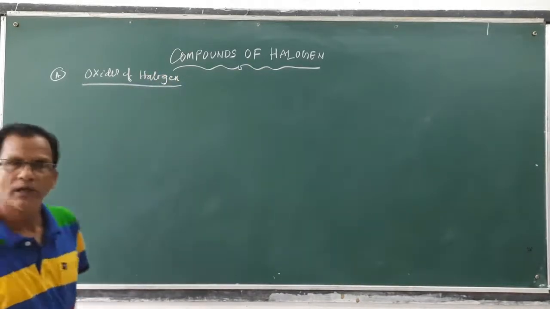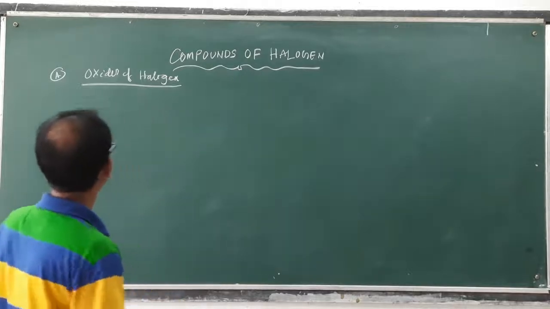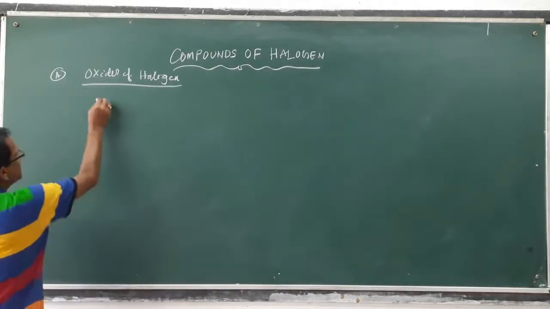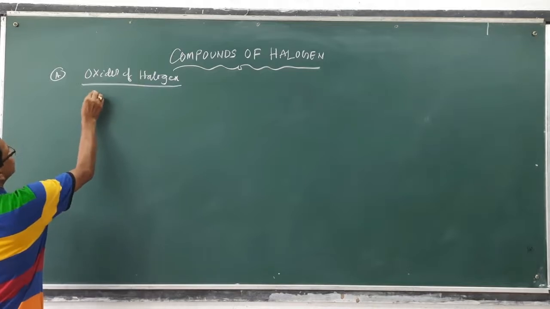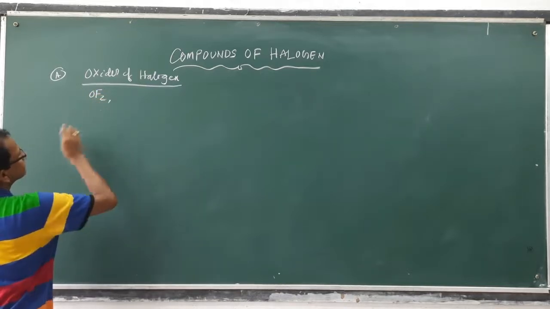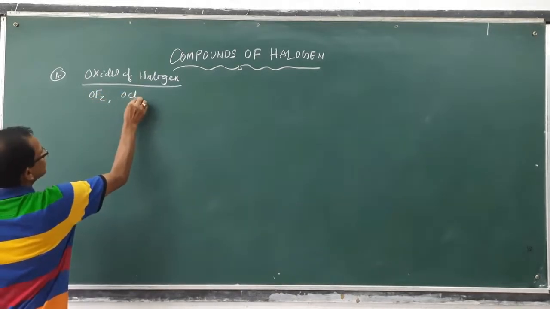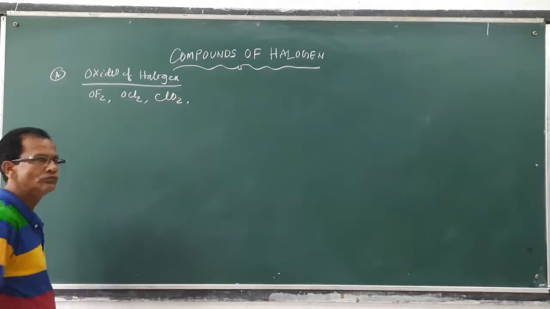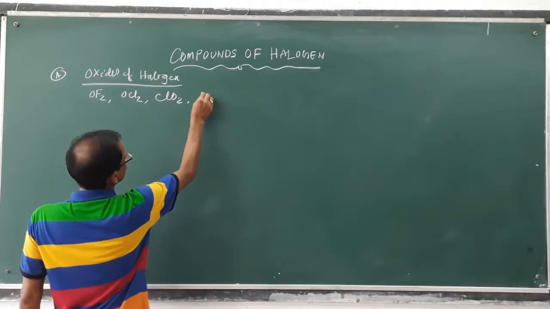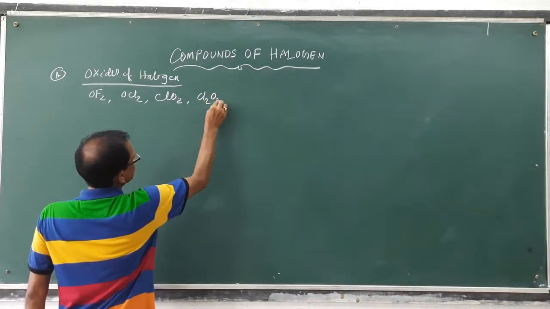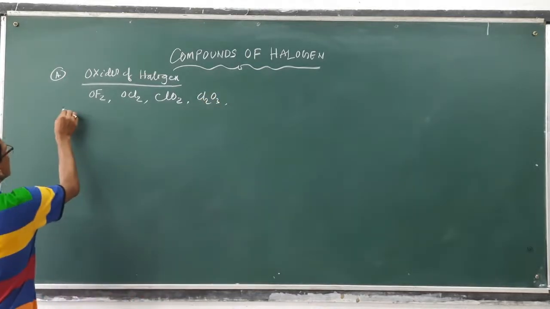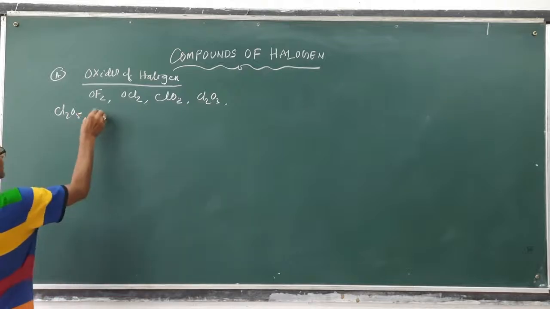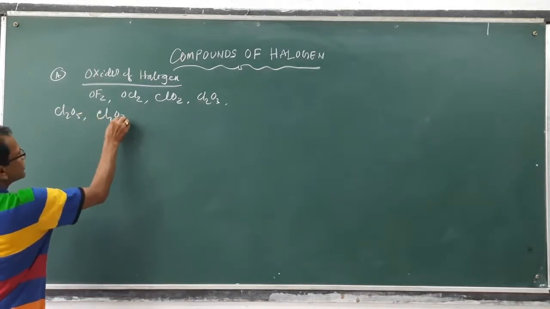If you see the formulas, different types of oxides of halogens are possible, like OF2, OCl2, ClO2, Cl2O3, Cl2O5, Cl2O7.